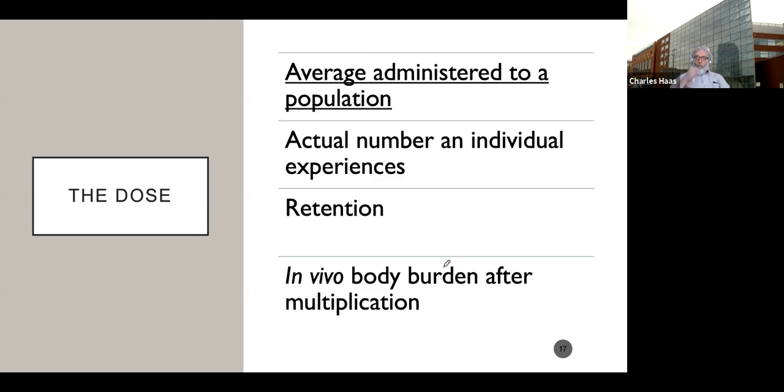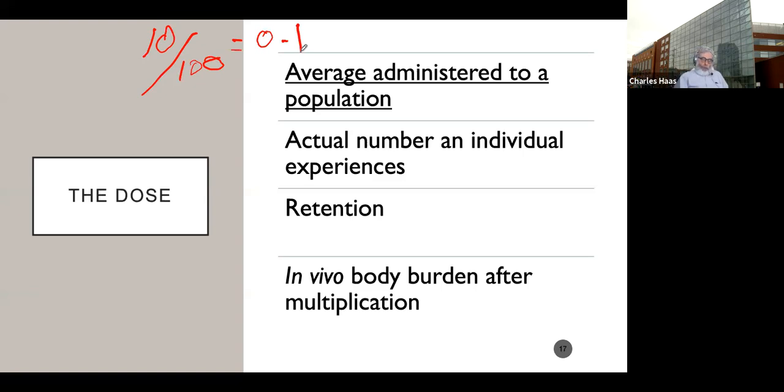And I'll assume for the moment that all those 10 organisms will be inhaled by the people in the room. So the average dose in that case would be 10 over 100, 0.1. There's no difficulty with a fractional dose.